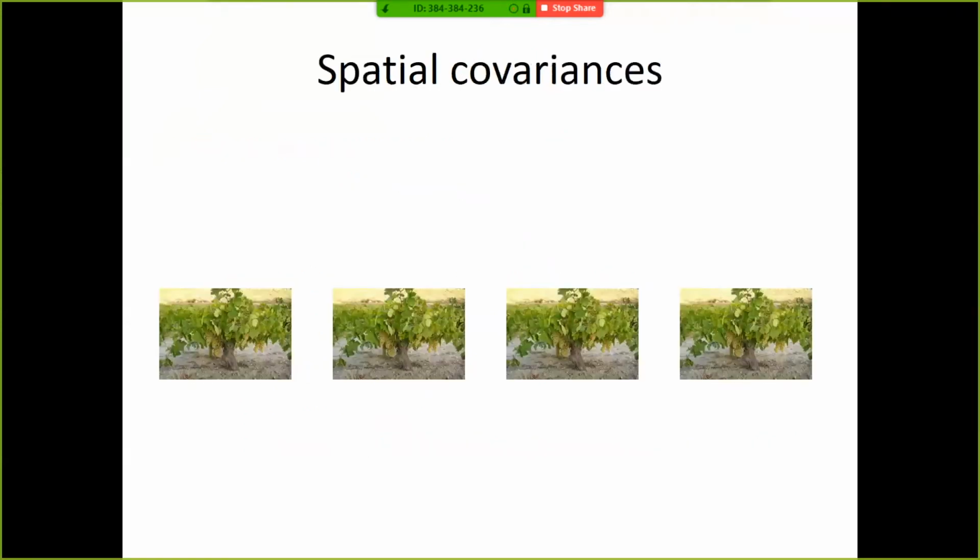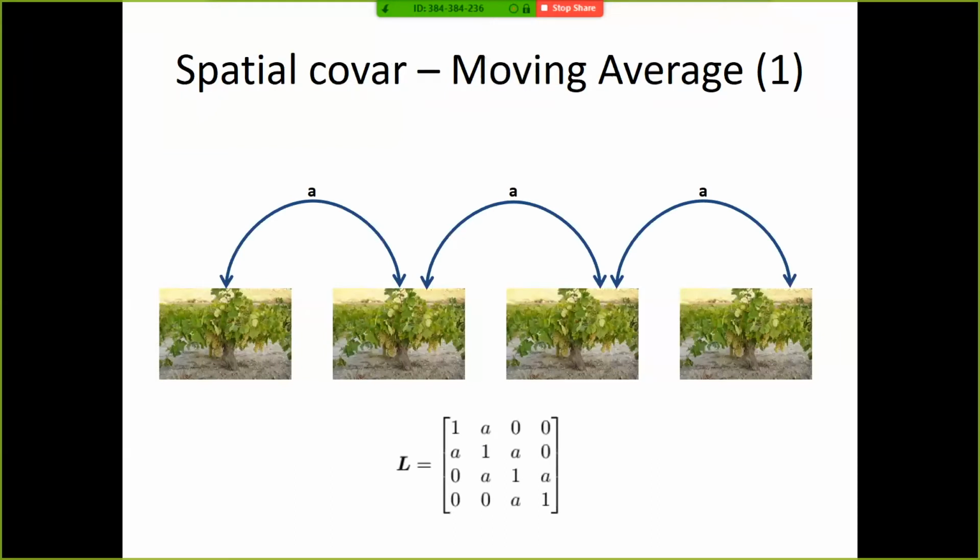So to explain these models, I'll have a really simplified example where I have 4 vines in a row, and I'm going to see what covariances these various models give. So the simplest one is called a moving average 1 model, where you're only modeling the covariance between adjacent vines.